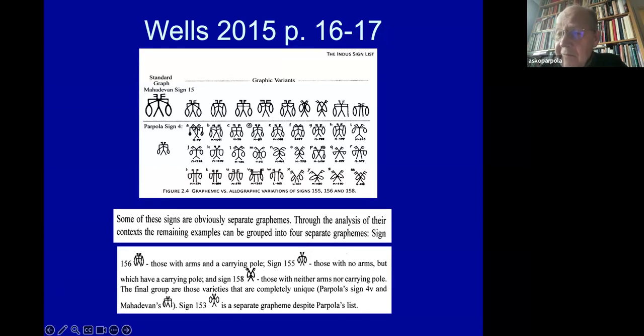Sign 153 is a separate grapheme despite Parpola's list. The signs discussed are all ligatures of the most frequent sign of the Indus script, usually occurring in the final position, and the sign depicting a man with a carrying pole.